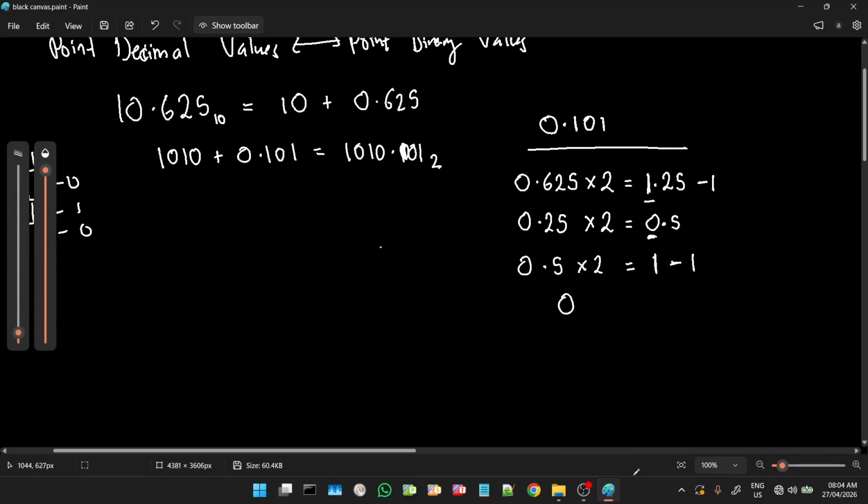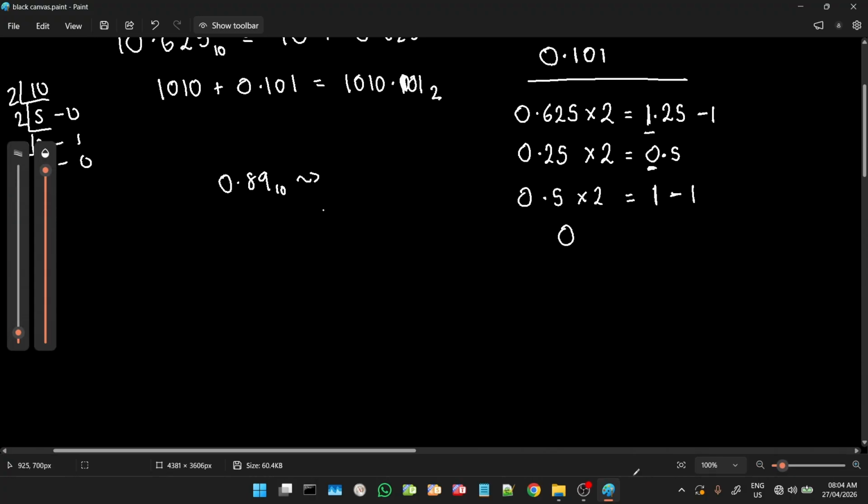Let's try one more example, because I want to show some very distinct feature of this conversion, because you don't want to do it with random numbers. Let's say you take the number 0.89 and you want to convert it to binary. Well, here is the issue. 0.89 times 2 is 1.78.